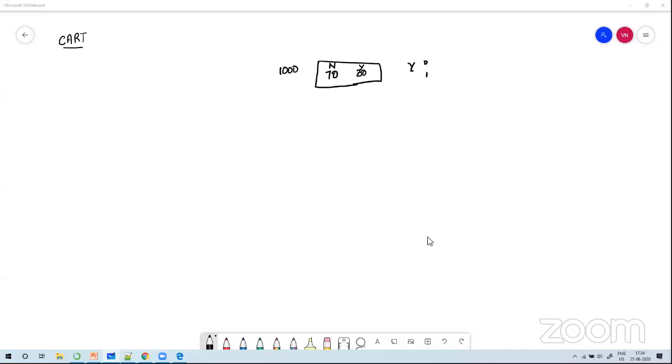At the root node, our objective is to separate the observations that belong to the yes class and the no class. And we have input variables like this. Let's say we have input variables x1, x2, x3, x4. So these are our input variables. Using these input variables, we want to separate these 1,000 observations into yes and no.